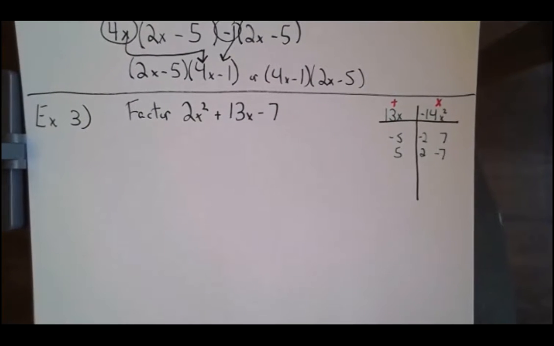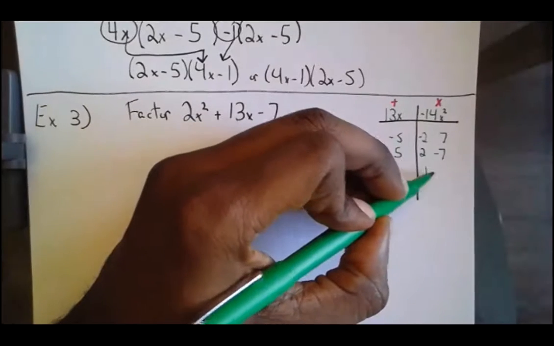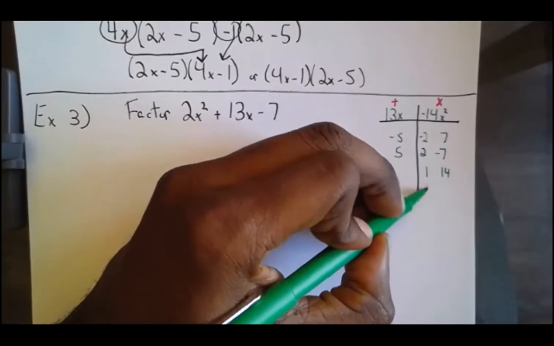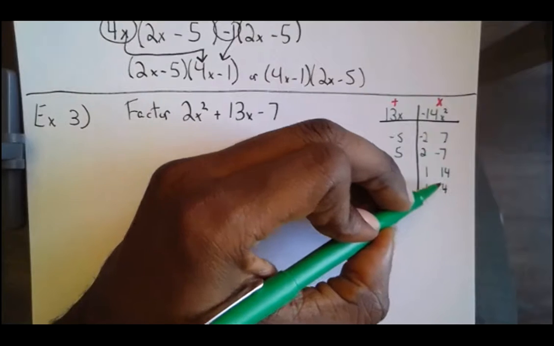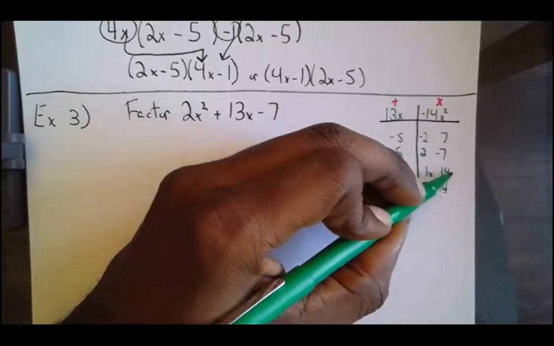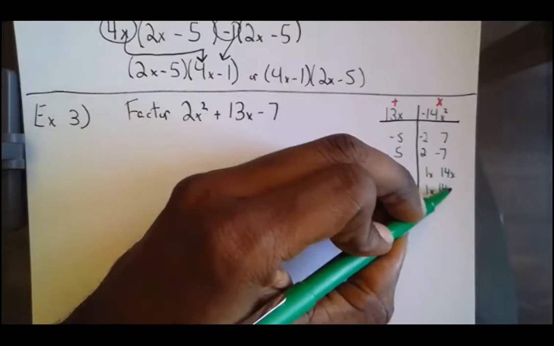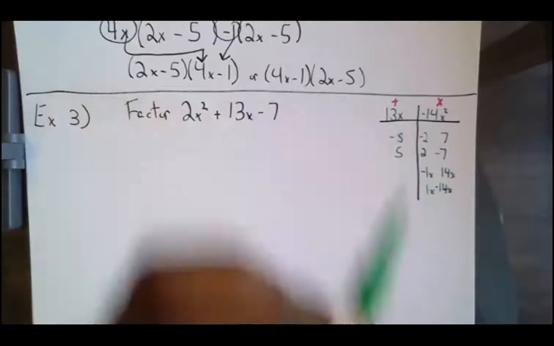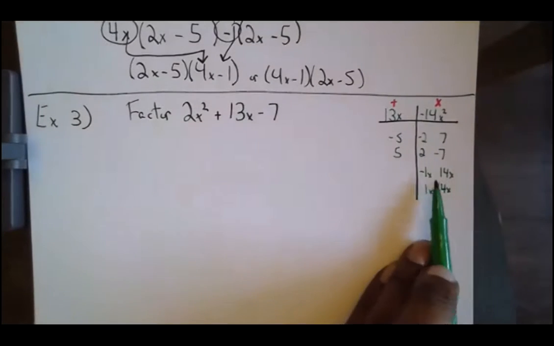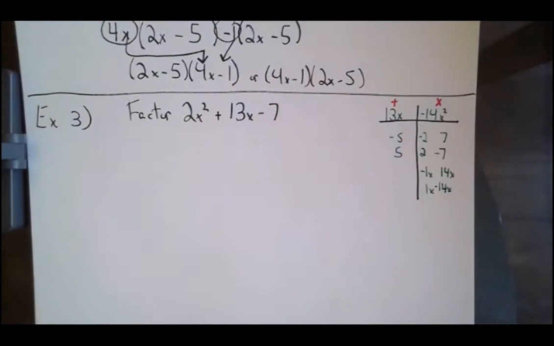You got Brandon though helping you out in the chat. Oh, well, 1 times 14. We just need to find out which of these, and put x's by them, and which one of these is the right one. It looks like when we add, we're getting a 13, right? Positive 13.